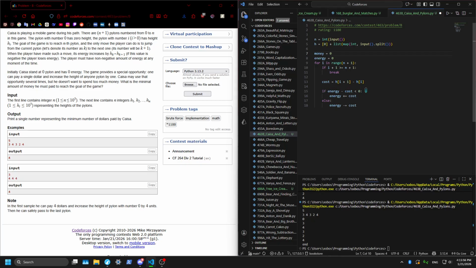Wait, if energy minus cost, money equals, yeah, we gotta get it back to 0 somehow. So we would set energy to 0.